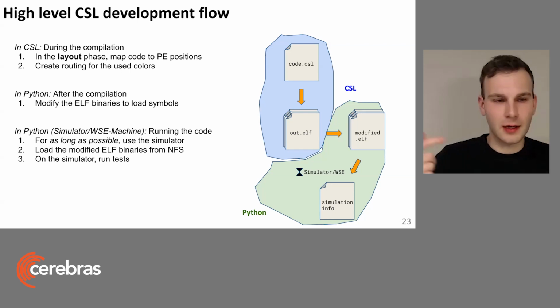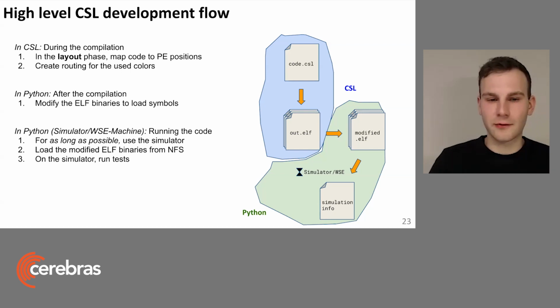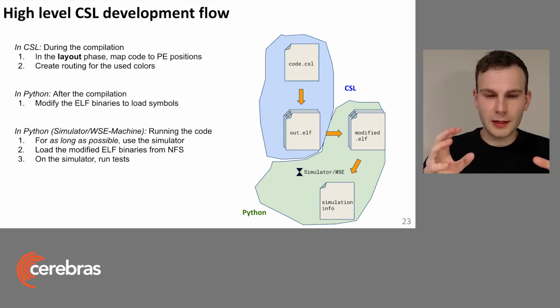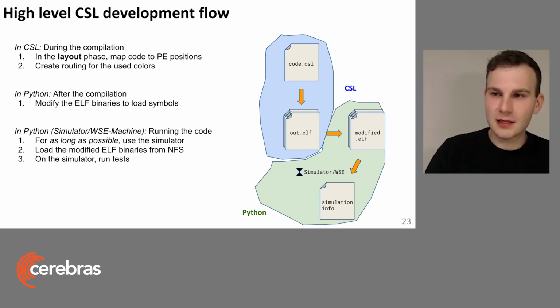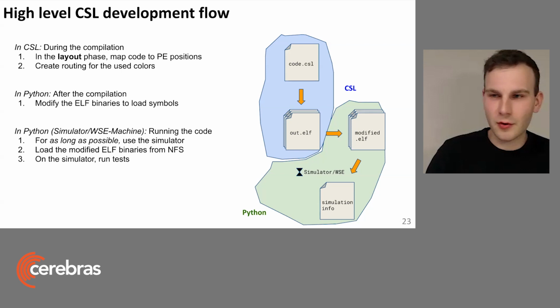And we have to configure our network, and then the compiler spits out a bunch of ELF binaries. We then go over to Python, and this is more of a development flow thing, but we modify these ELF binaries, and we change some data that's behind some symbols to preload some data, because we don't want to write upload and download programs. This is just to speed up development.